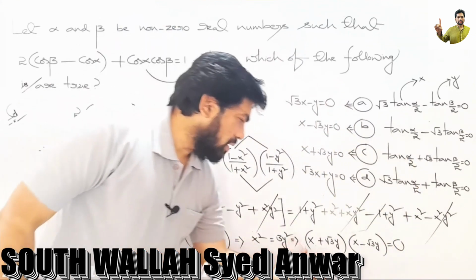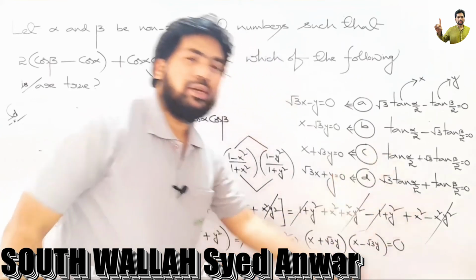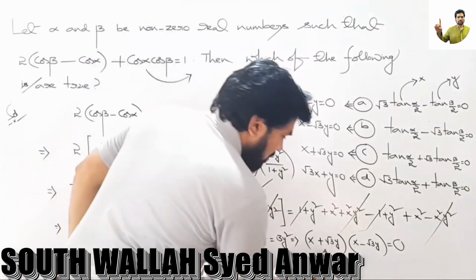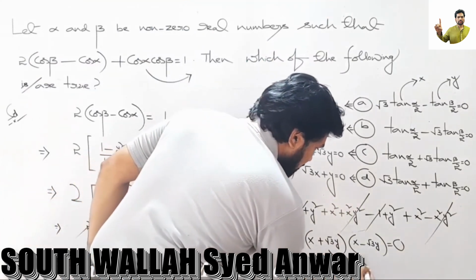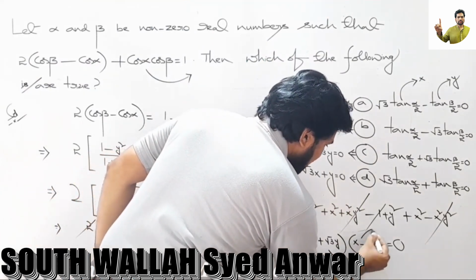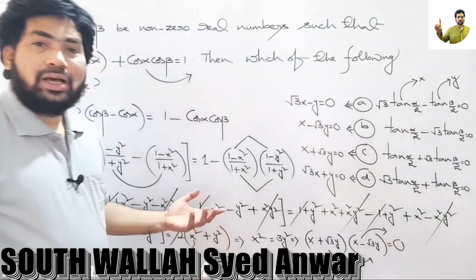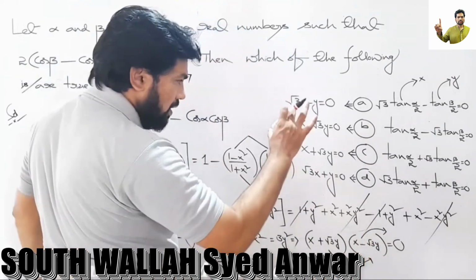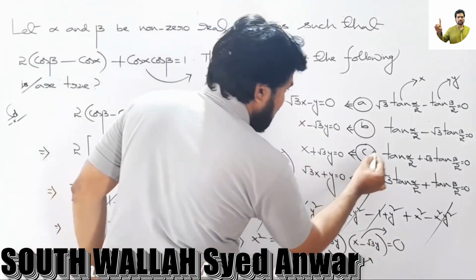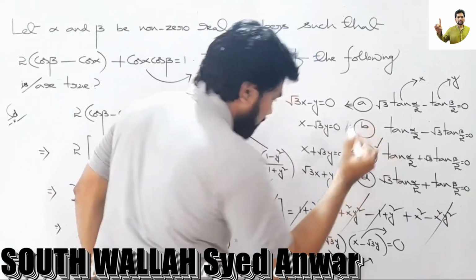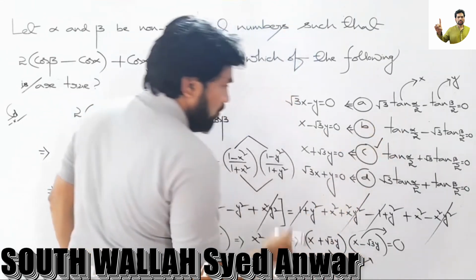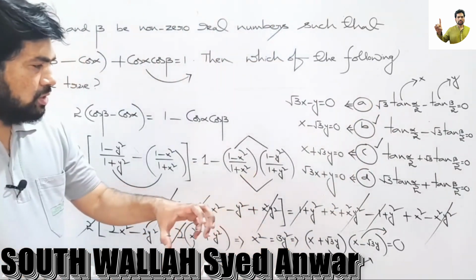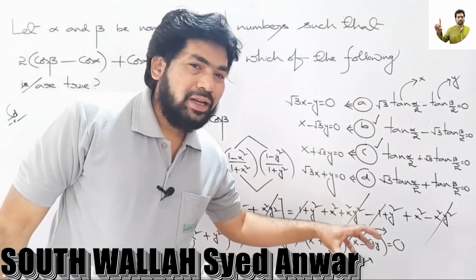How can we write? (a plus b) into (a minus b) is equal to 0. Right. So finally, when I equate first factor with 0, second factor with 0, I am going to get the answers. Now first one, x plus root 3 y is equal to 0. It is clearly available in option C. X minus root 3 y is equal to 0. It is clearly available in option B. So I hope that you have understood this question very well.